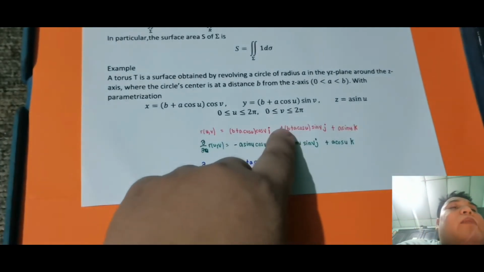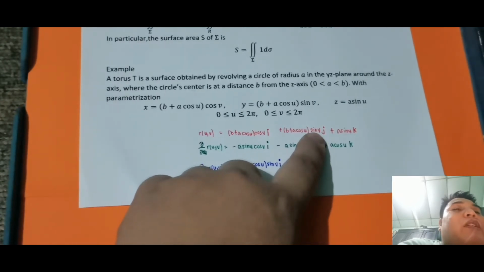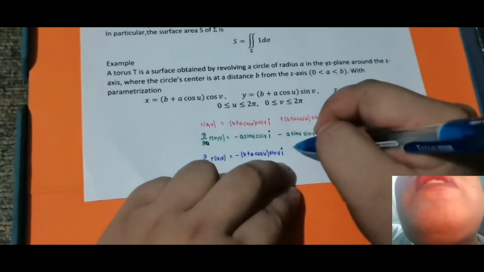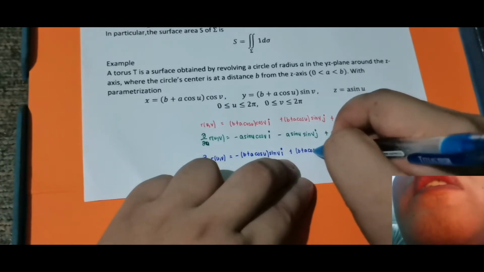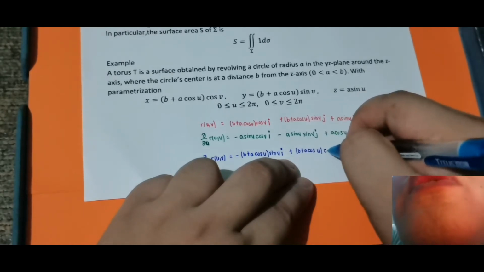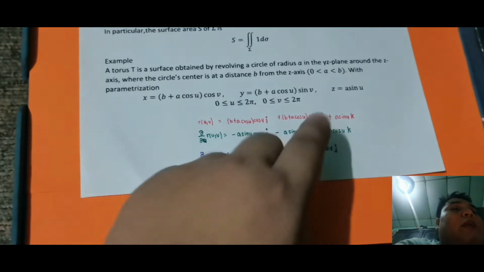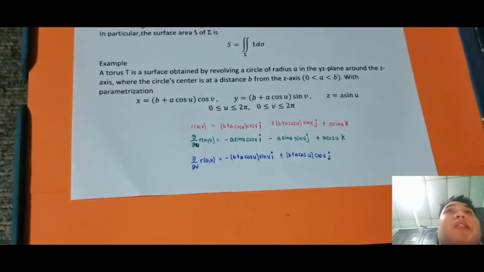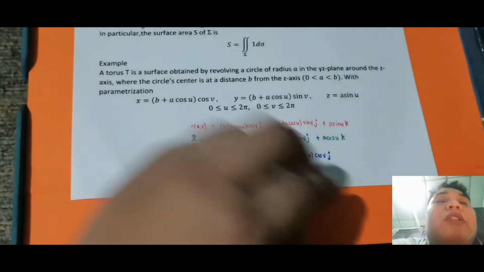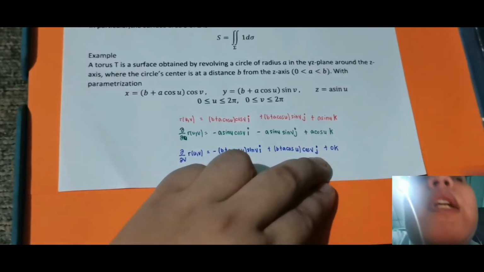Then yung sine b, constant lang ang b plus a cosine u; partial derivative niya with respect sa b, derivative ng sine b is cosine b, positive lang. So plus b plus a cosine u, then cosine b, then j. Lastly, derivative ng a sine u with respect sa b is 0 kasi constant, since walang b. So plus 0 k.